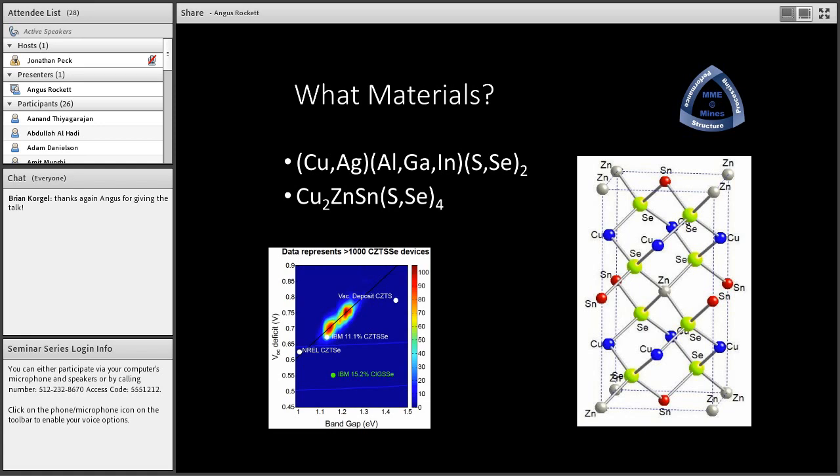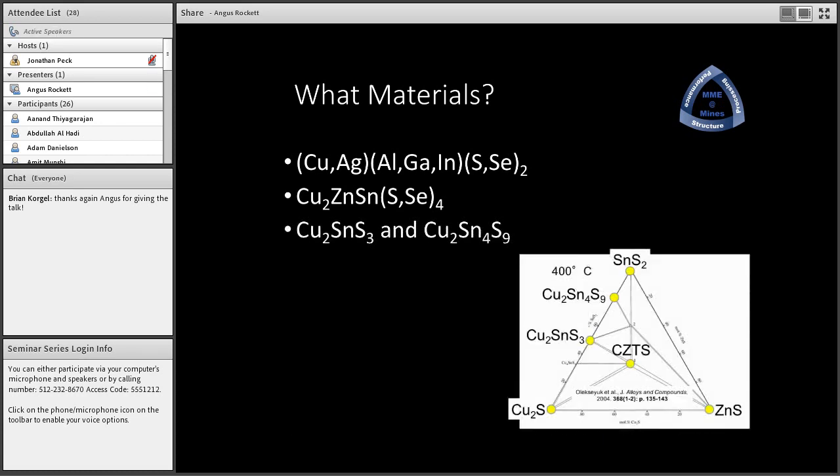The data shown here from IBM, who was rather successful with copper, zinc, tin selenide for a while, but they never really solved the voltage deficit problems. Part of that is because there's so many ways that you can make antisite and point defects in the material, so you've got a lot of options for trouble there.